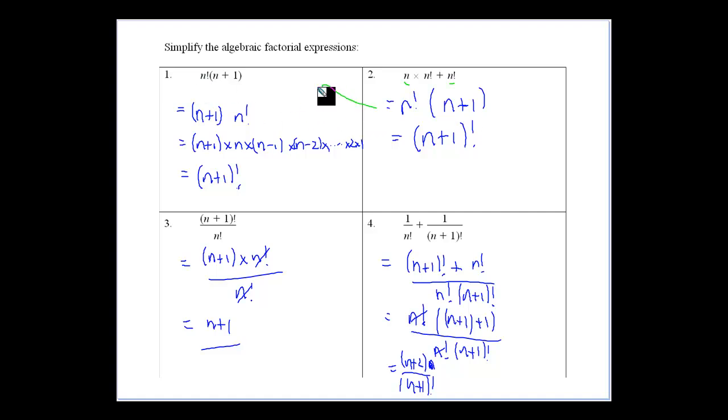So it would be n plus 1 factorial. n plus 1 factorial over n factorial: well, we can write that as n plus 1 times n factorial over n factorial. The common factors cancel, just leaves us n plus 1.